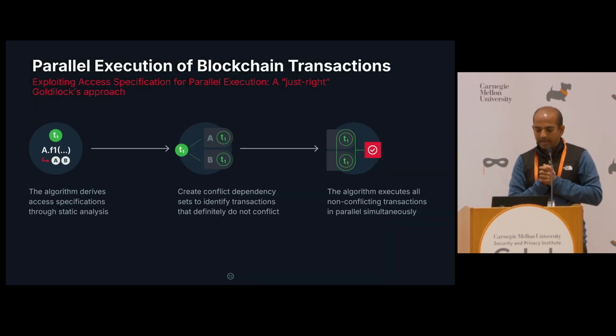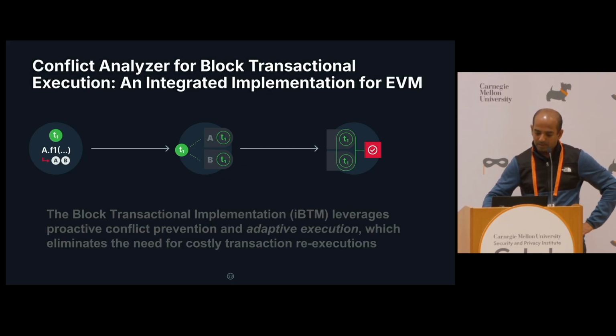So the idea here is to come up with a just-right Goldilocks approach, where you're not spending all of this effort building the perfect, sound and complete specification, but rather trying to do just enough in order to get as much performance as possible.